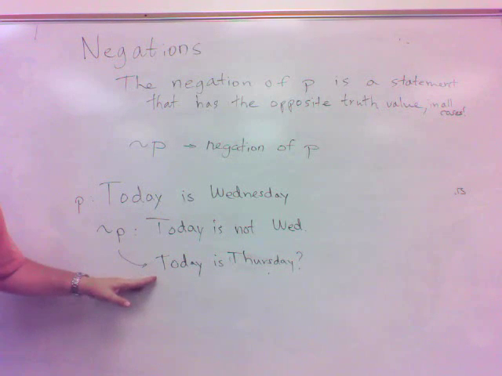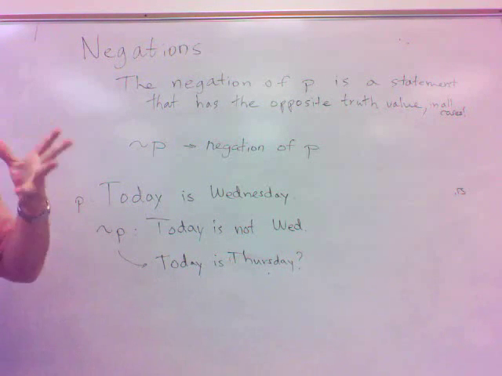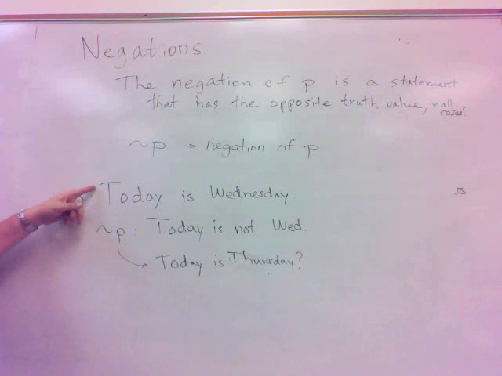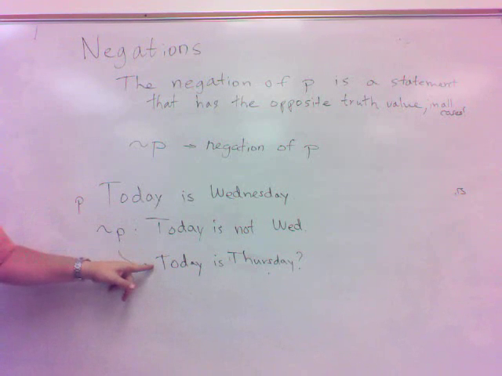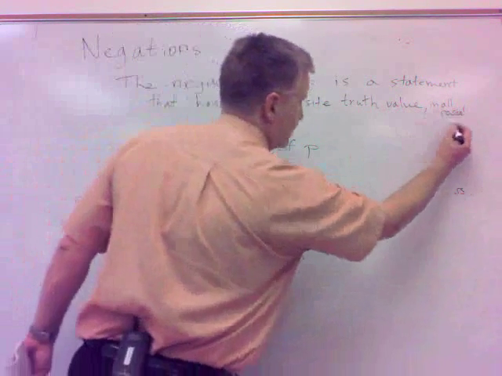So it's opposite. However, it's not opposite in all cases. Let's say today is Friday. If on Friday I say today is Wednesday, that would be false, right? Today is Thursday would also be false, right? It's not a negation. That's why we're saying in all cases.